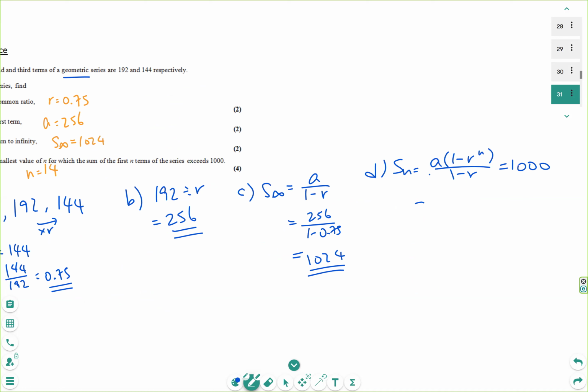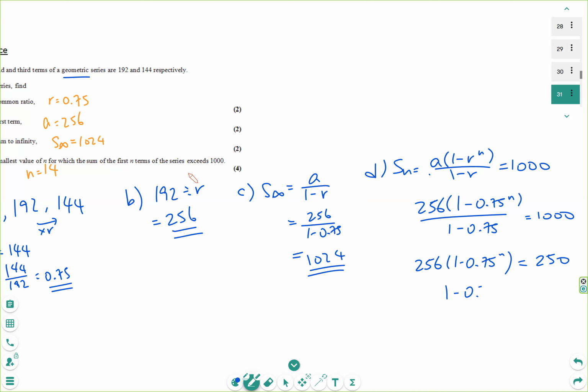So what I'll do is 256 times 1 minus 0.75 to the power of n over 1 minus 0.75 equals 1,000. I would multiply the denominator, 0.25, to the other side, so that's 250 over 256.